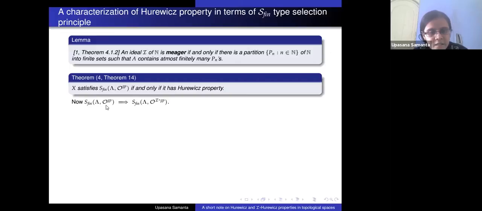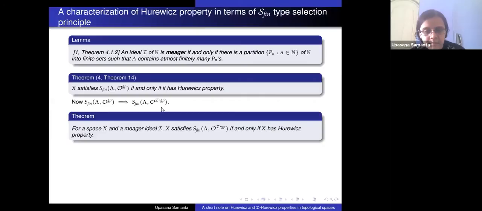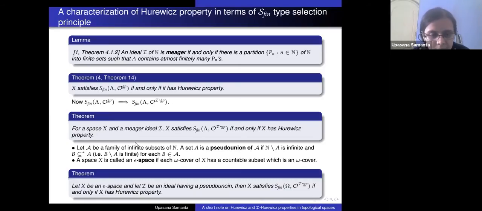And this selection principle implies this one, so this is a weaker assumption on X. But what we find is that if I is a meager ideal, then this selection principle is sufficient for the space to have the Hurewicz property. So this result is stronger than this one if we take I a meager ideal.